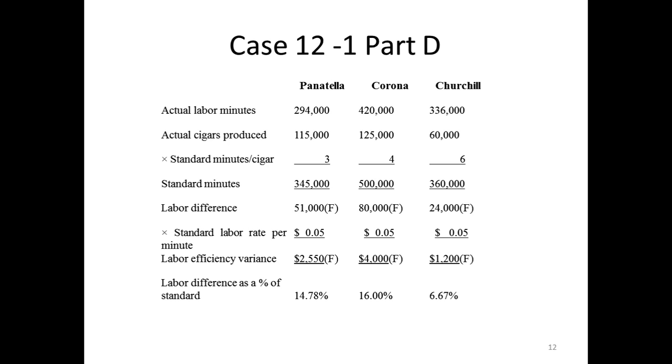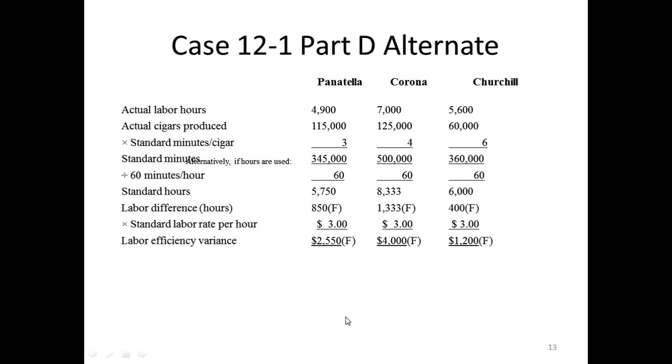Now, with respect to labor, we're looking at a labor efficiency variance that is favorable for all 3 types of cigars, most notably for the Coronas. And there are alternate ways of calculating the labor efficiency variance.